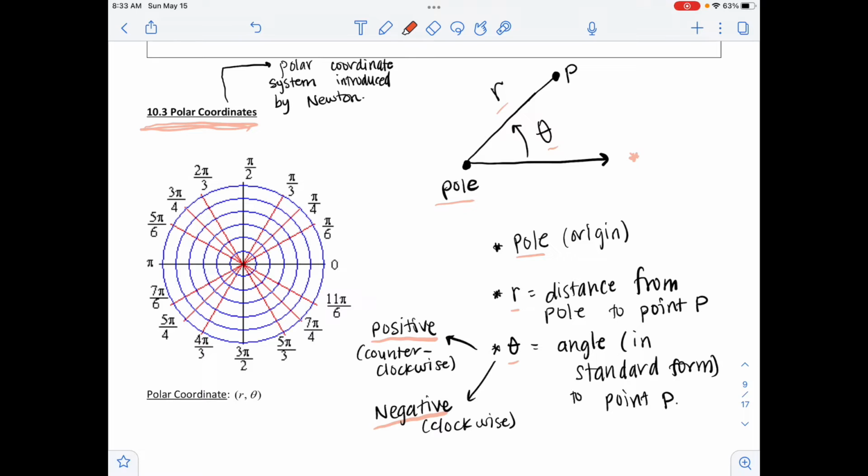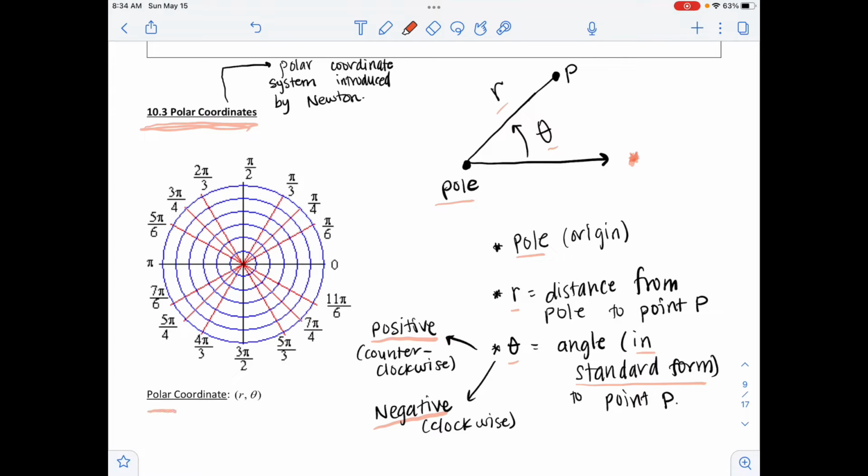Positive is going to be in a counterclockwise direction, and negative would be in a clockwise direction. So again, in standard form, the initial side is on the positive x-axis, and you would figure out the size of that angle by going to the terminal side, r, where it is connecting the pole to point P.